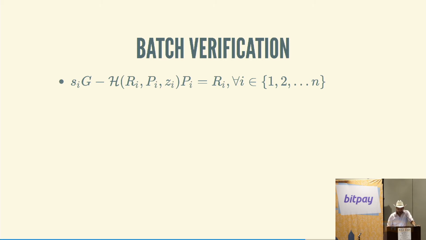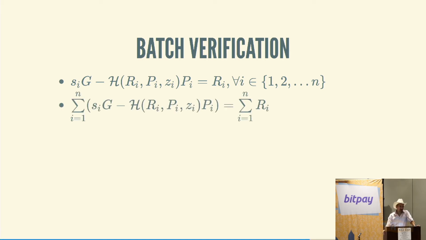The key is that because the right side is a point and you're not committing just to the x coordinate, this equation works. You can sum over all of the different i's, all of the different inputs in a particular transaction, or all of the inputs in a particular block, or even all of the inputs in the entire blockchain, right? As long as everything's in Schnorr, you can verify them all at once.